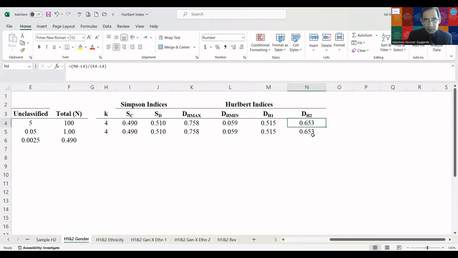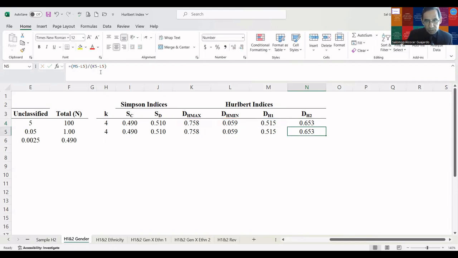So when I use those minimum and maximum scores to calculate the relative diversity score using the Hurlbert index for gender, the formula is going to be the Hurlbert index minus the minimum divided by the maximum minus the minimum. So in this case, it's going to be 0.515 minus 0.059 divided by 0.758 minus 0.059.